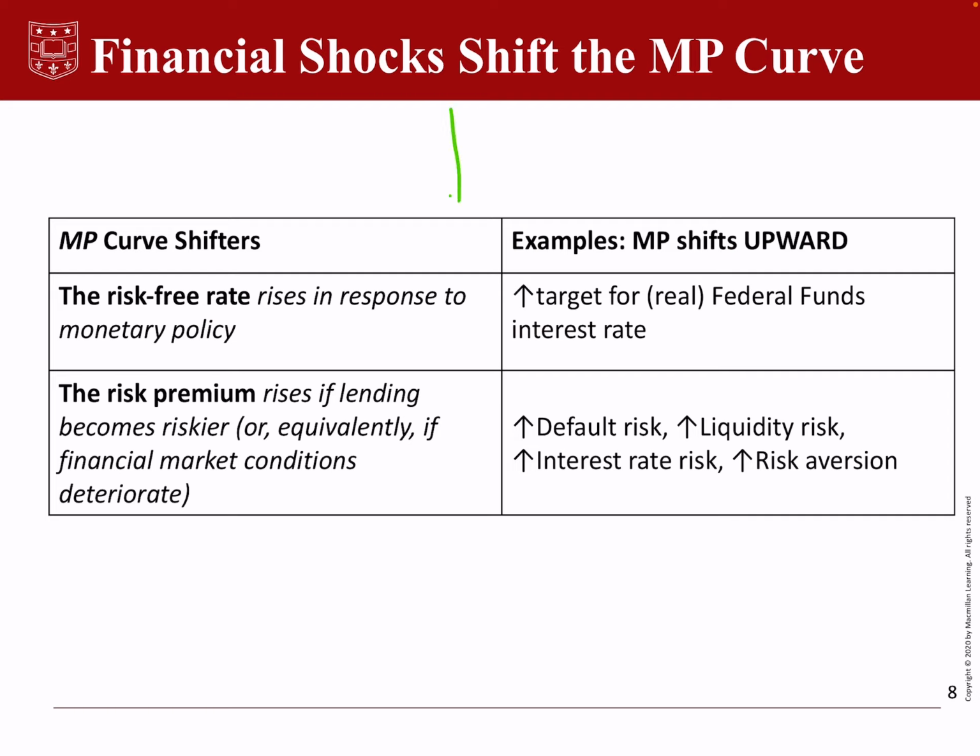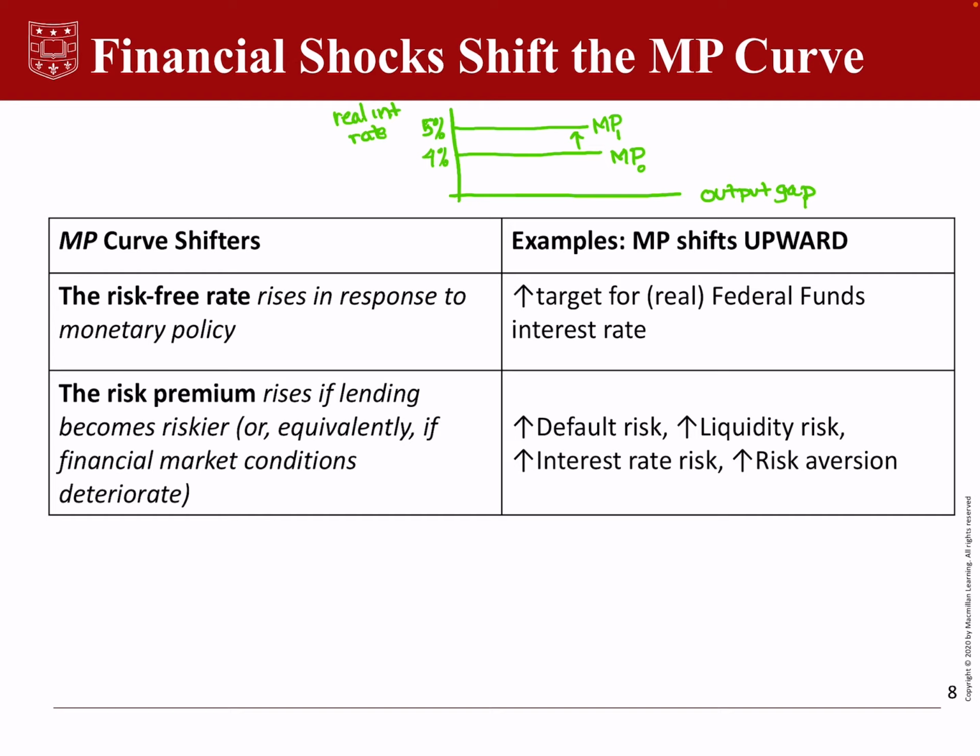So in other words, if we had the output gap on the horizontal axis, of course, and the real interest rate on the vertical axis, and this is initially, say as we had in the previous case, our initial MP curve, things that would cause the MP curve to shift in an upward direction, say from MP0 to MP1, and consistent with a level, say, of 5%, would be either changes in monetary policy or changes in the underlying riskiness in the macroeconomy, or both.